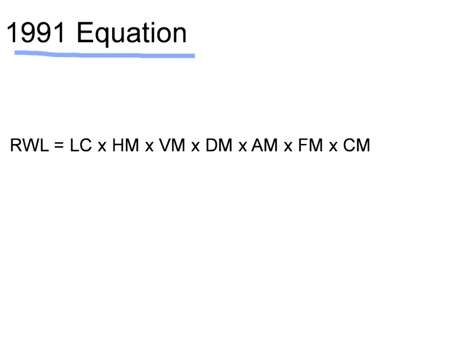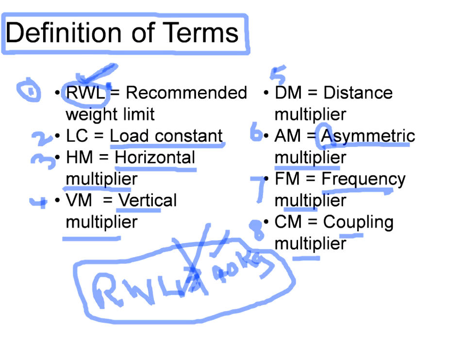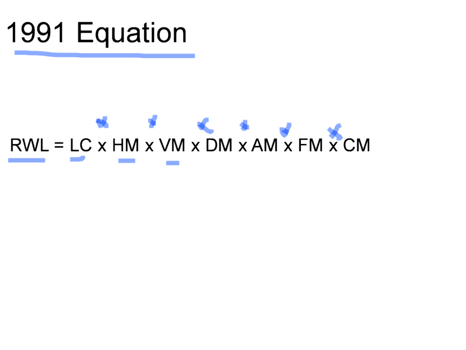Say for example, if RWL calculated from these factors, 2 to 8, comes to 40 kilogram, then as a manager you should not allow a labor to lift more than 40 kg. So the recommended weight limit is 40. More than 40 is danger. It will cause health hazards.